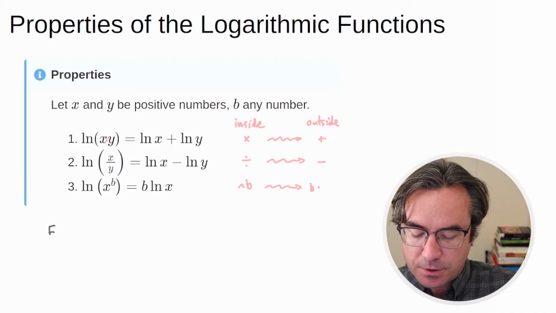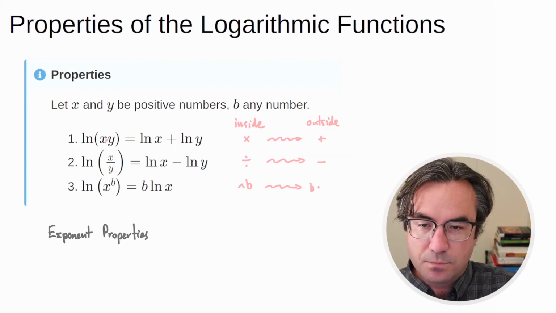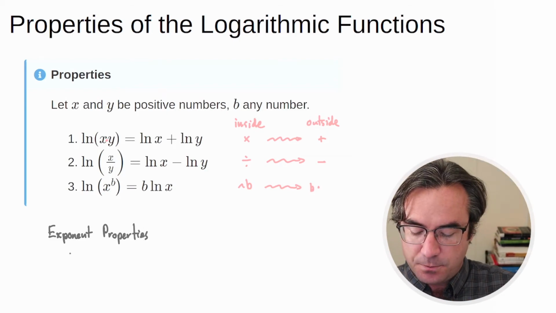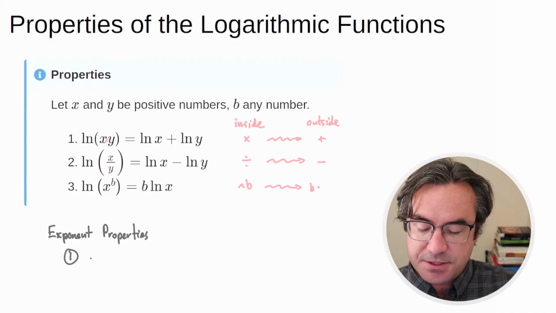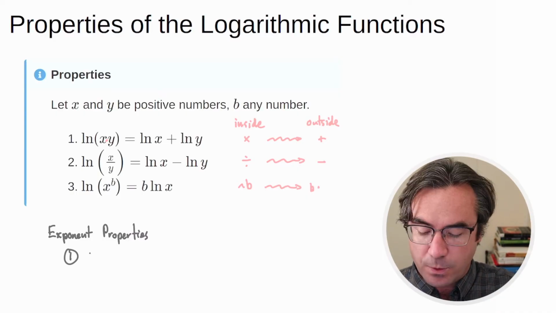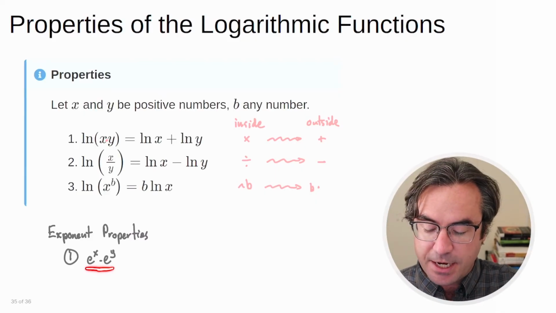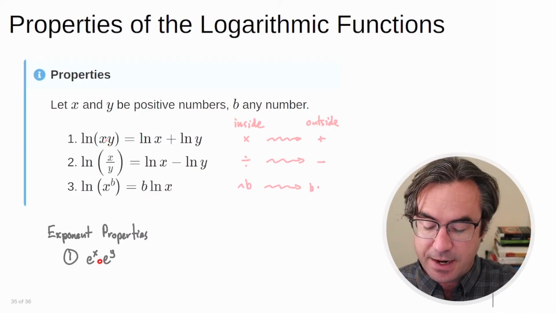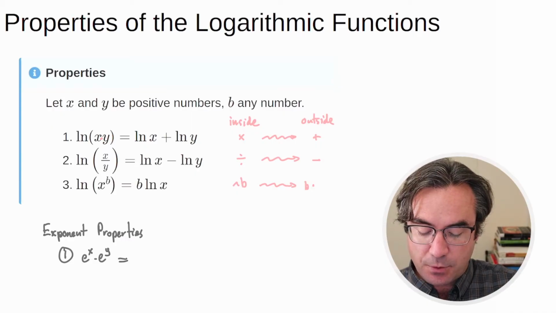So we have our exponent rules as well. What's the corresponding one for the first property? If we have e raised to the x times e raised to the y, so multiplication between exponential terms, we add the exponents. That is equal to e raised to the x plus y.